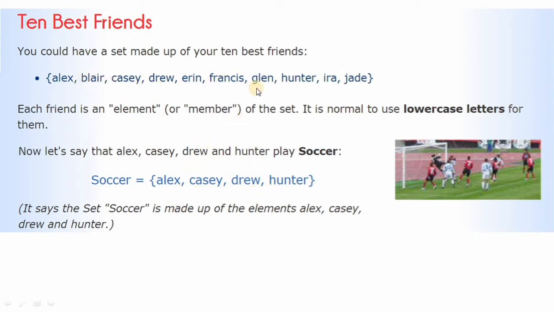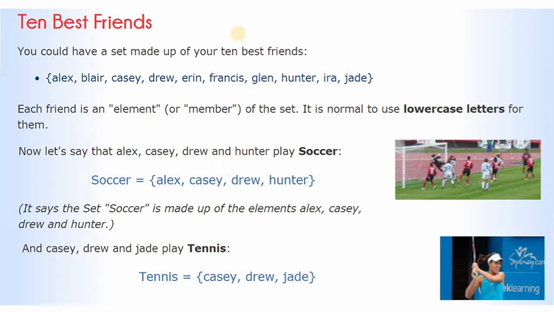Now among these people, some of them love to play tennis as well. Those are Cassie, Drew, and Jade. This tennis is also a set, as you can clearly see there's a curly bracket.